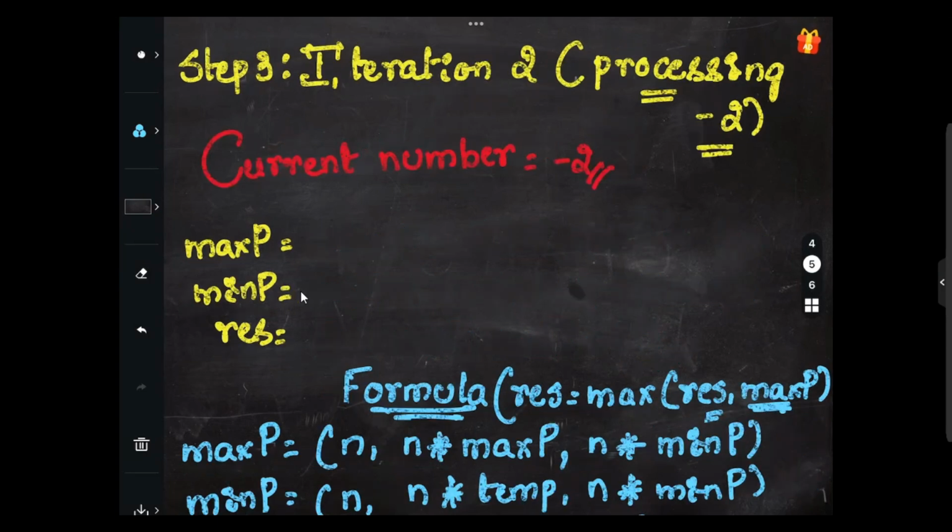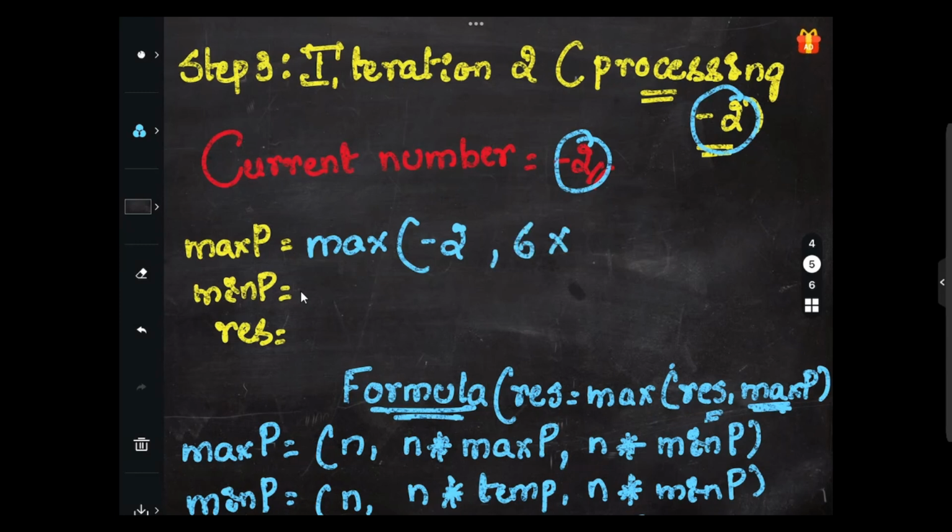Again we will go with the same formula here. So this will be max of, we are going with the current number -2. We are processing -2, so we will consider -2 here. Previously we got result 6, right? This will be 6 into -2, and again this will be 3 into -2.